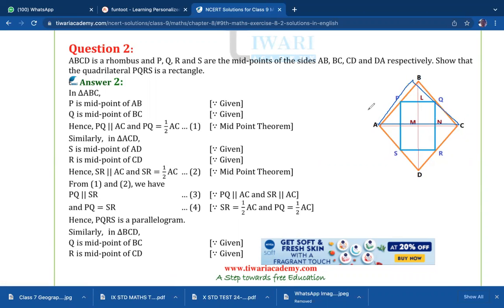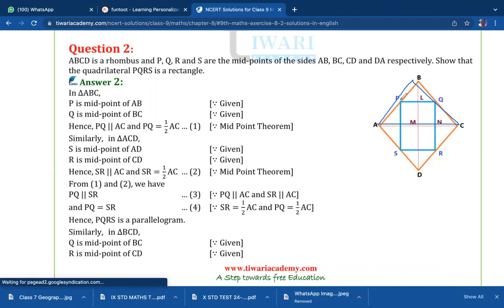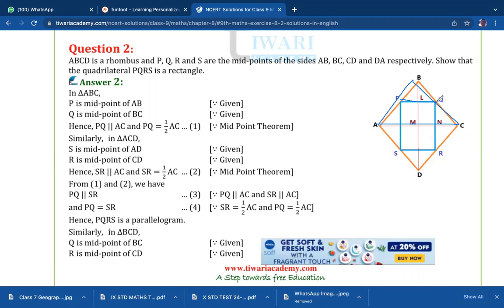In this triangle, you know that P and Q are the midpoints, where the midpoint theorem says the line joining the midpoints of the two sides is always parallel to the third side and also half of it. So part 1 is given.